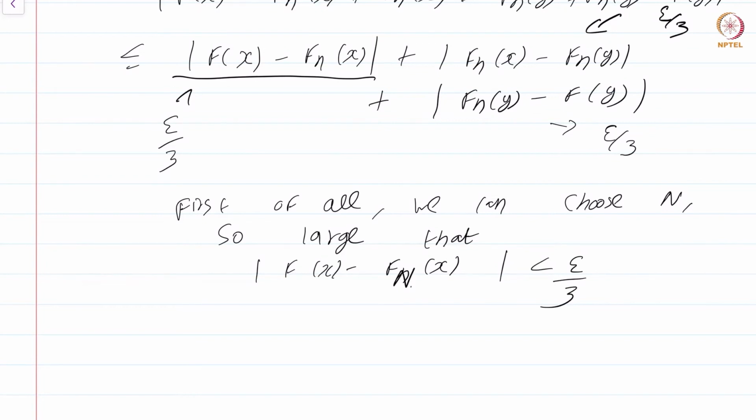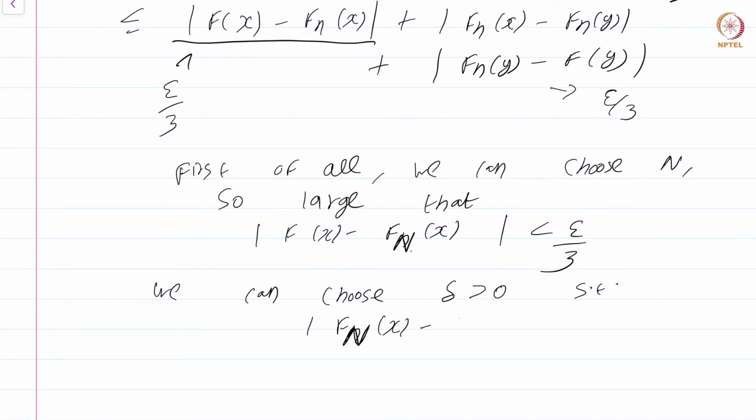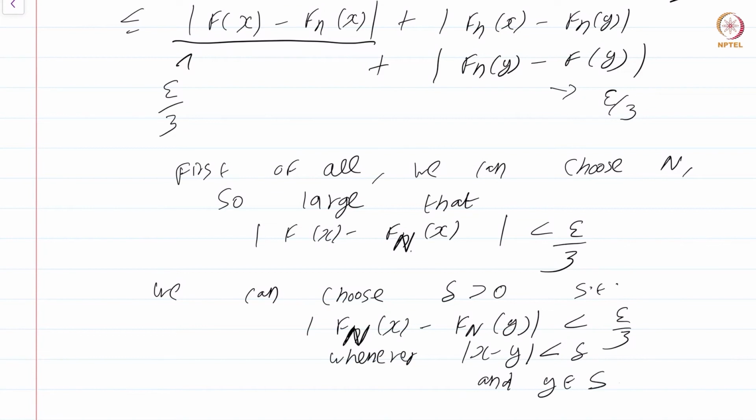So the first term we can handle. Now what about the middle term? Well, we can choose delta greater than 0 such that |F_N(x) - F_N(y)| is less than epsilon by 3 whenever |x - y| is less than delta and y comes from the set S. We can do this.